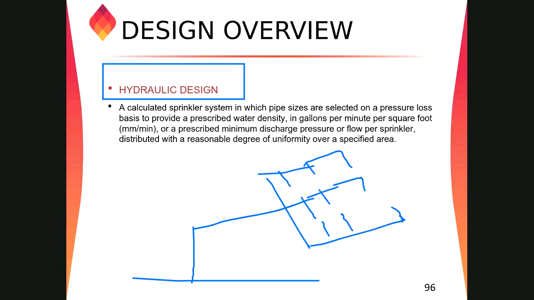Once we perform our calculation while keeping the pipe size, pipe diameter, pipe type, and the K factor of the sprinklers, let's say we got a value of 350 GPM at 45 psi. So this is what we'll get from the hydraulic calculation software.